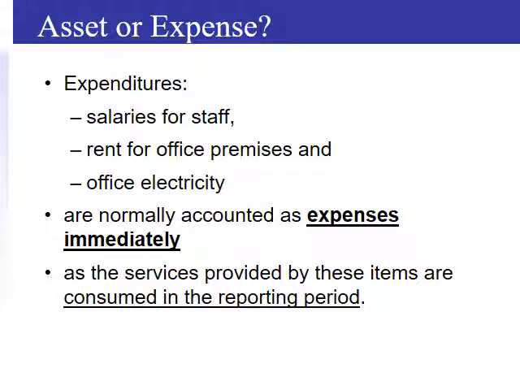So basically, for the rental used this month, you consume the rental service. You use the premises, so you consume the service, and as a result, you have to pay for it. The staff start work for you, and for the service provided by the staff to the business, you pay them this month's salary. You consume the service, you have to pay for it. This will be expenses.